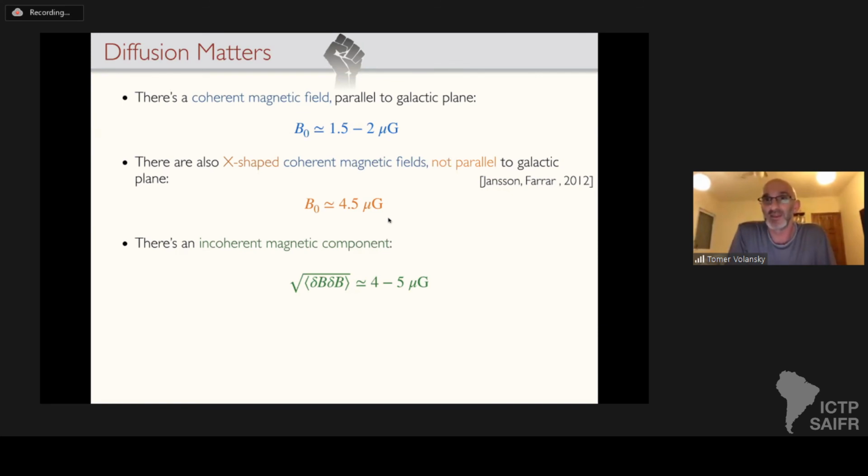And the statement that you really need to diffuse from the top of your galactic plane is far from obvious to me, because if you look at the fits that Johnson and Farrar do, you'd see that there are regions, especially close to the galactic plane, the galactic center, where this X shape dominates, and then you could argue that at least some fraction can go along this magnetic field.